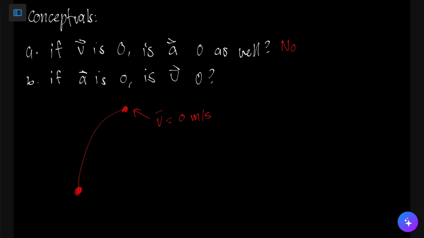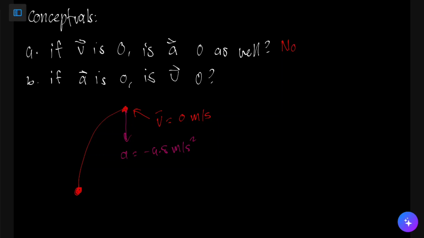While the acceleration is not equal to 0 because gravity is acting on it downwards at negative 9.8 meters per second squared. So even if the velocity is 0, there are instances that your acceleration will not be equal to 0.